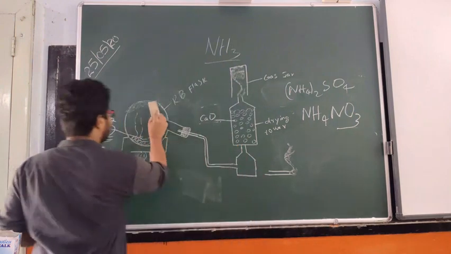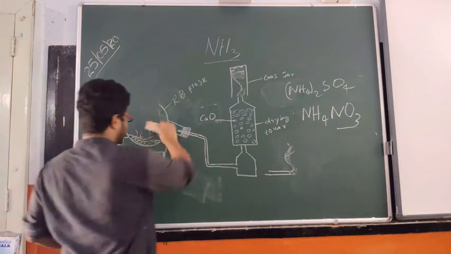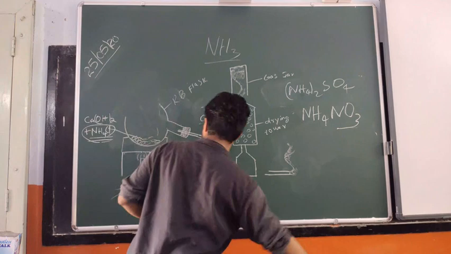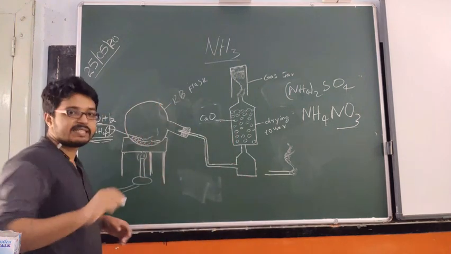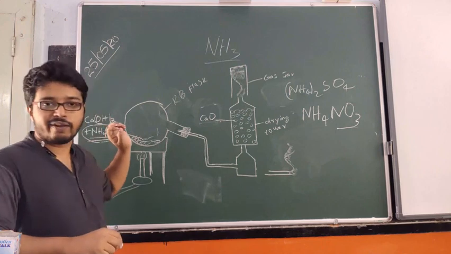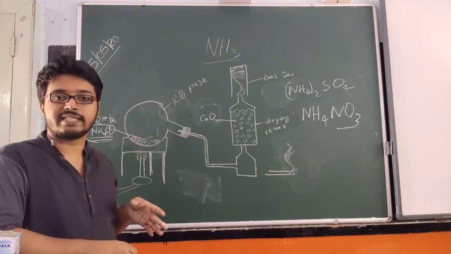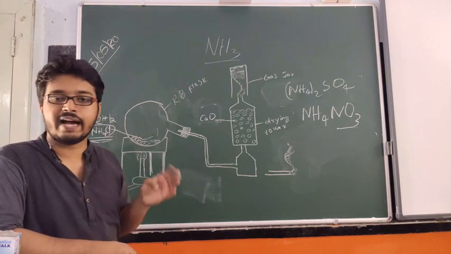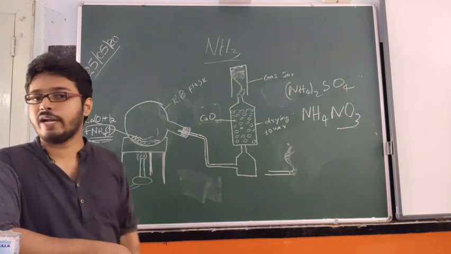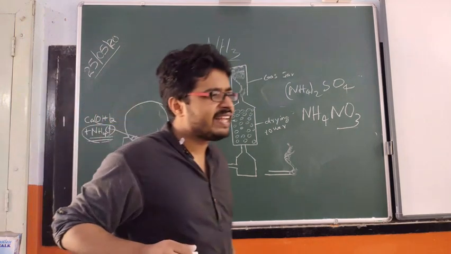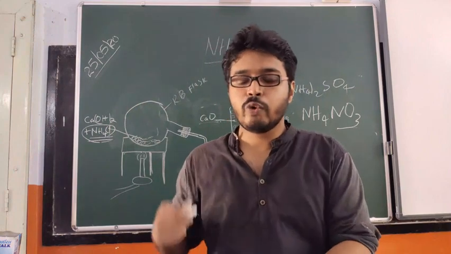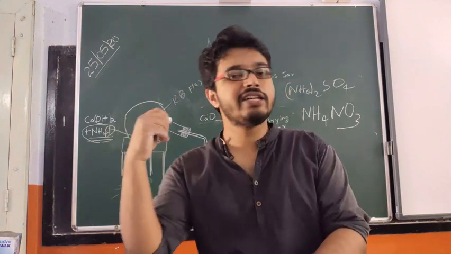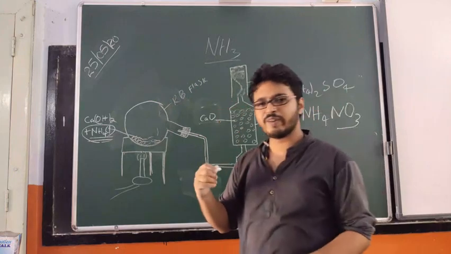Now there is one more reason. I think that is the most common reason that is discussed. You have to take care of the reactants here. Both the reactants, calcium hydroxide and ammonium chloride, are solid. So we are heating two solids. There is nothing liquid there. What happens if you are heating two solids? No problem, right?